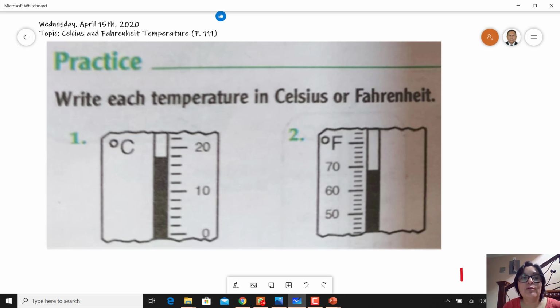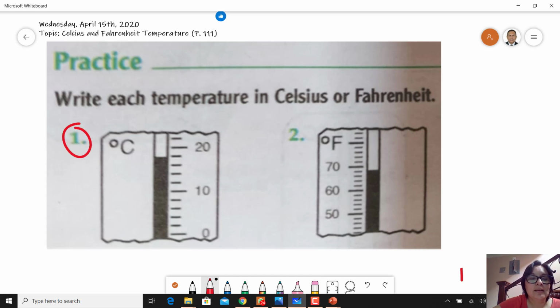It says, write each temperature in Celsius or Fahrenheit. In number 1, here you have the thermometer. Is the thermometer using Celsius or Fahrenheit degrees? Celsius, right? Look in here, Celsius.